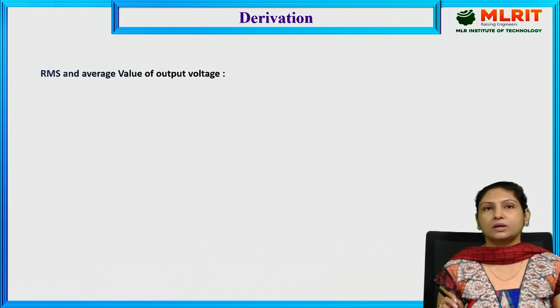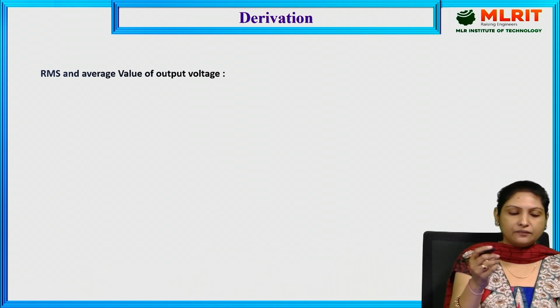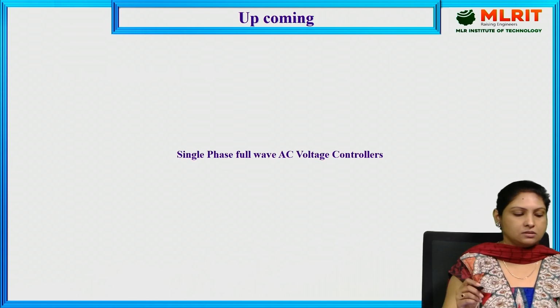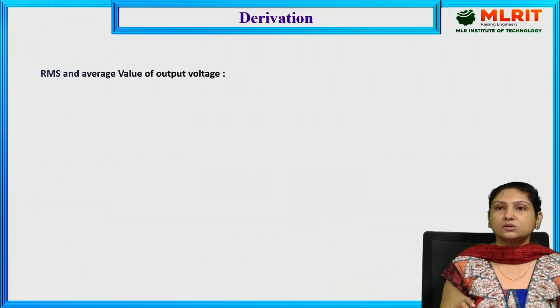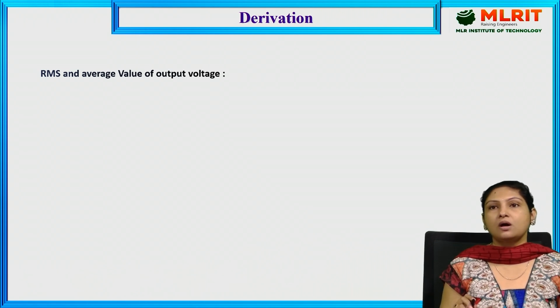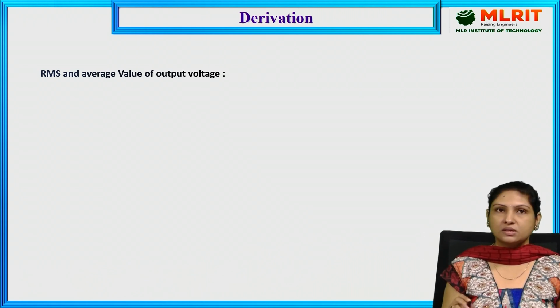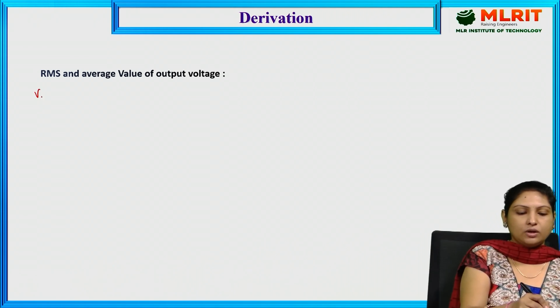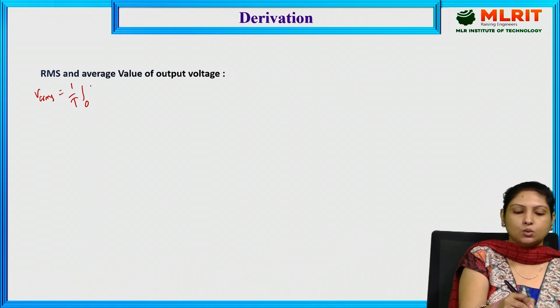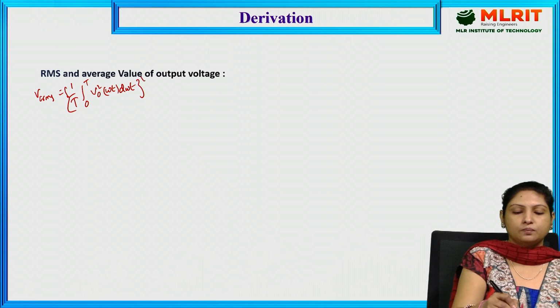Coming to the derivation part, let us derive the expression for RMS output voltage as well as the average value of the output voltage. Let us first see V0 RMS, where the general formula is again 1 by T, integral 0 to T, V0 square of omega T d omega T, whole to the power of 1 by 2.